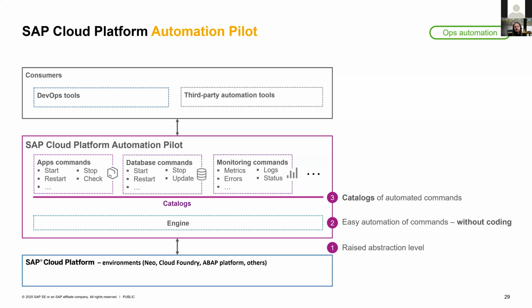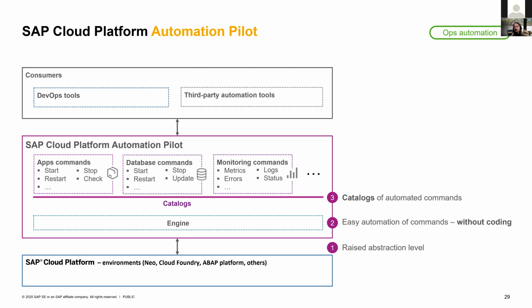For example, we have commands for applications like checking the status and restarting them, for databases, again restarting, stopping, starting, updating them, monitoring, you name it, a lot of commands. Right now we have over 130 commands within the SAP context that are being offered.